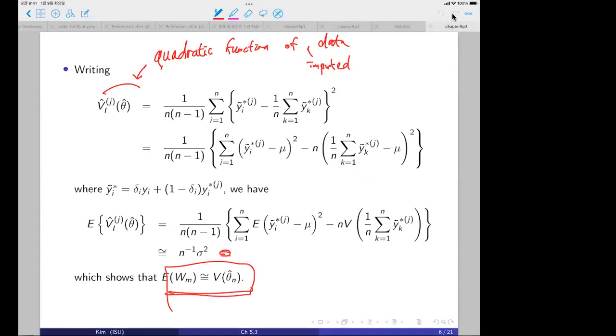Remember the original variance estimator, 1 over n s squared, is based on the assumption that the elements are independent, IID. But after imputation, our data is no longer IID. They are correlated.